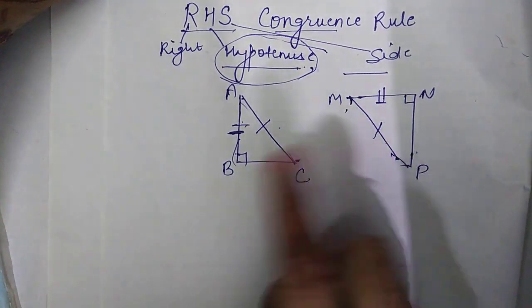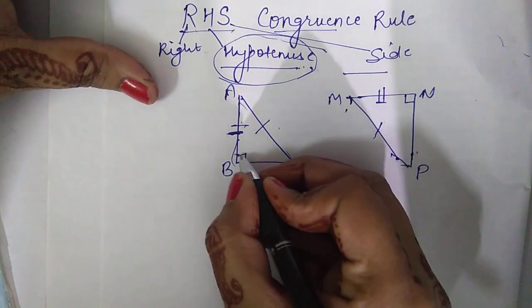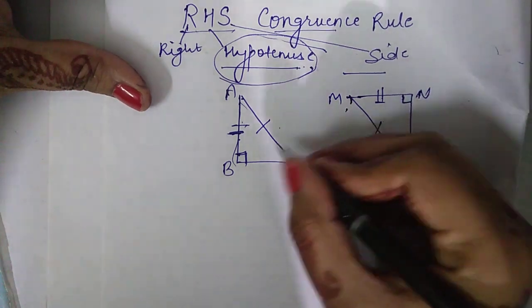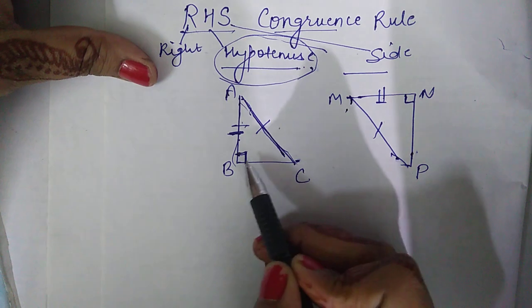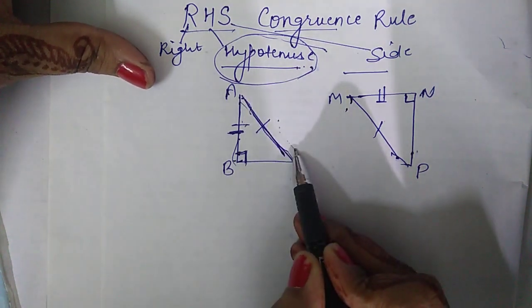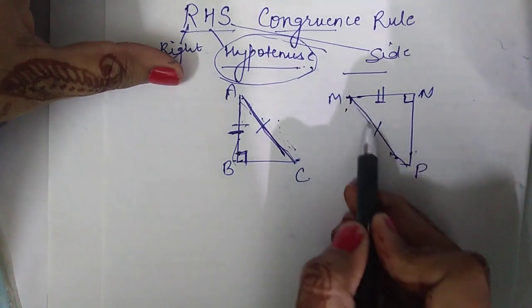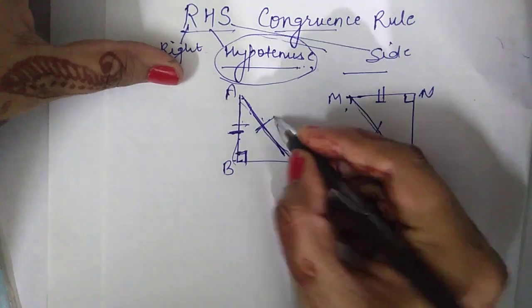Now I can say that the triangles are congruent by the RHS rule, because both the triangles have 90 degrees. Hypotenuse means the side which is opposite to 90 degrees. So here AC is the hypotenuse, and AC is also equal to MP. This is also given, I have marked this with one mark.